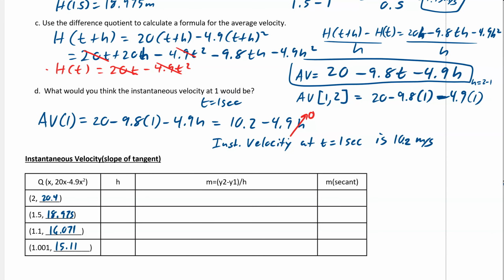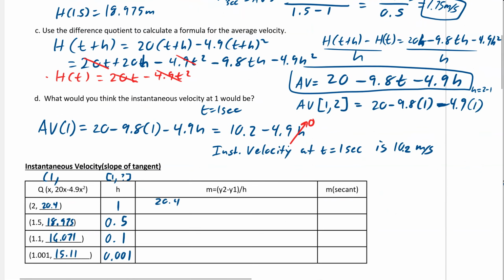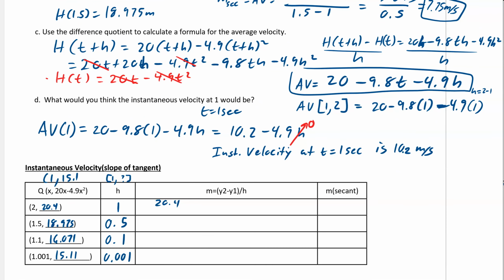Remember, the h is the difference, so we're going from 1 to that number. So from 1 to 2 is a difference of 1. And so all we're really doing is just subtracting. So we're just putting in that h, which is that distance. And then we do our subtraction. So 20.4, and we knew at 1, it is 15.1. So it's 20.4 minus 15.1. This is the same stuff we did earlier, just putting it all in a table.